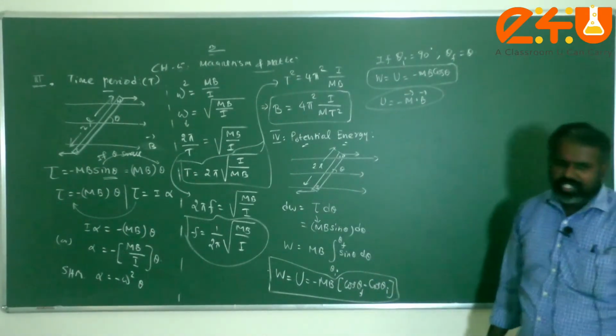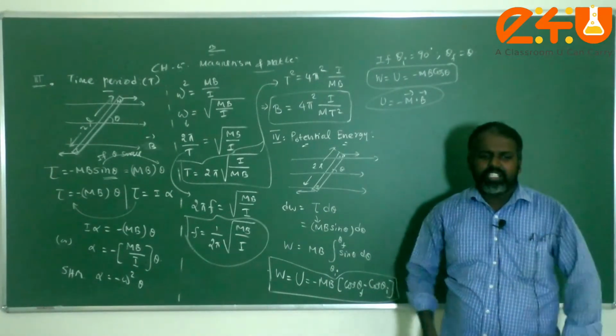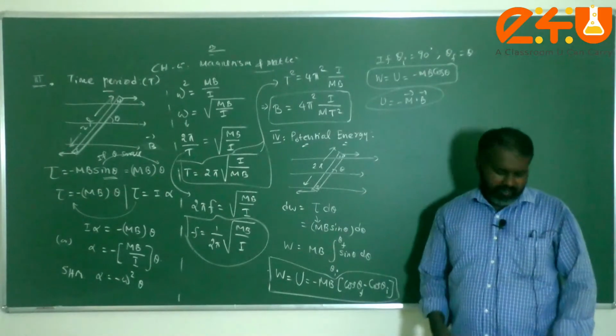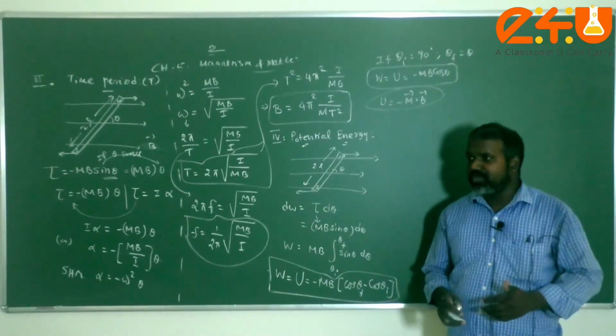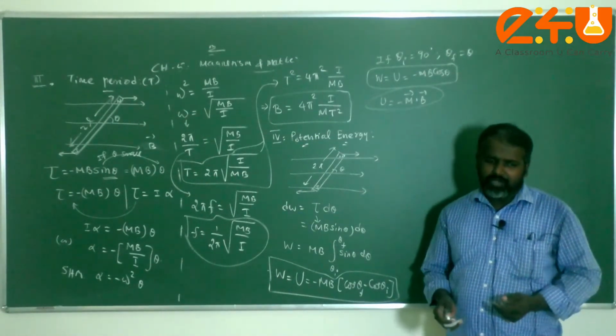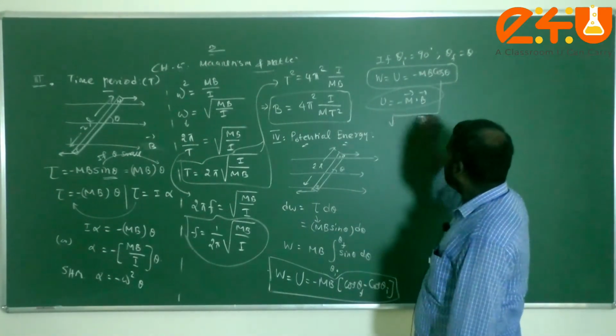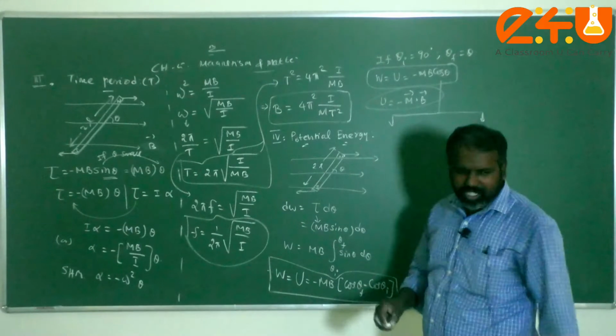In mechanics, we studied that when the potential energy of the system is maximum, it corresponds to unstable equilibrium, and when the potential energy is minimum, it corresponds to stable equilibrium. So I can give the condition for stable and unstable equilibrium.